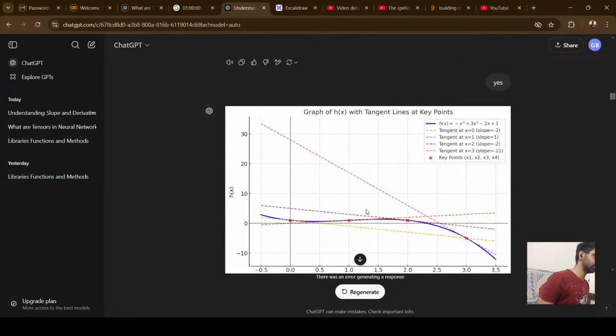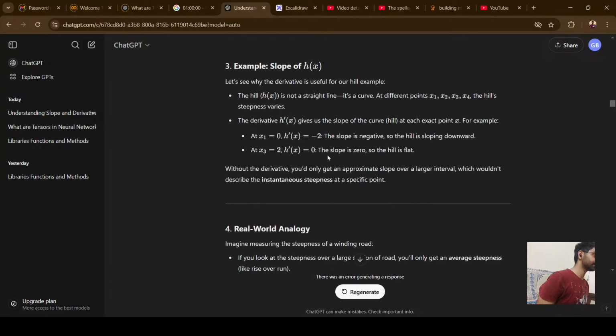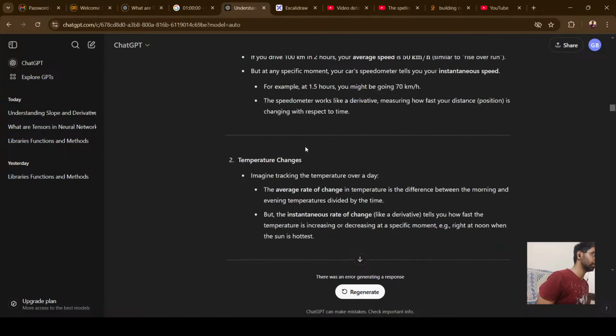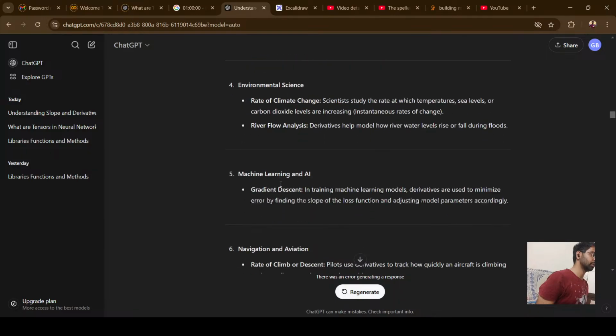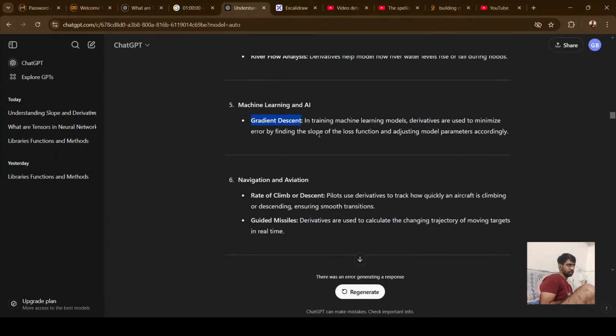This is what ChatGPT gave me when I asked for more analogies: machine learning, heart rate, physics, economics, medicine, environment. So, gradient descent. In training machine learning models, derivatives are used to minimize error by finding the slope of the loss function and adjusting model parameters accordingly. So we are finding the slope of the function, whether it is increasing, decreasing, or staying flat.